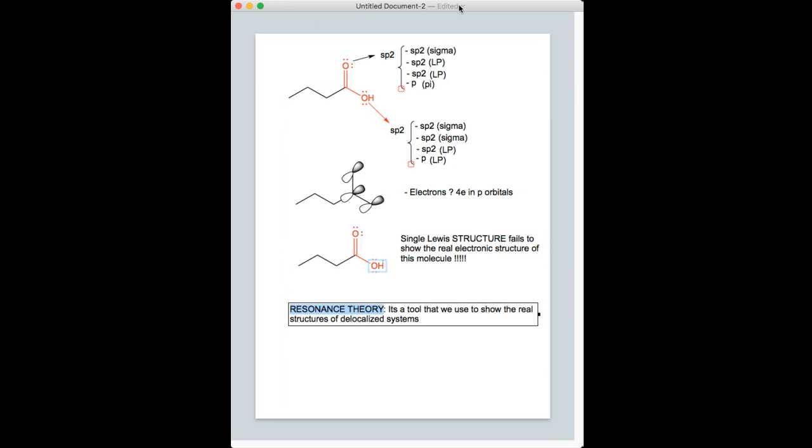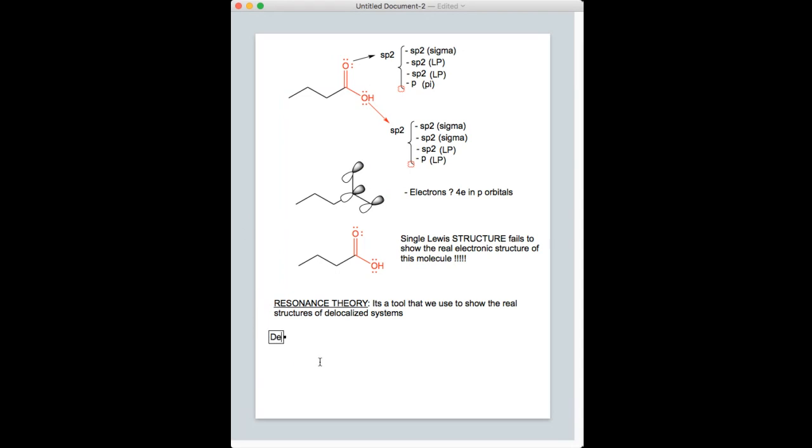The delocalized system. So what is a delocalized system? It's a system in which you have 3 or more sp2 atoms next to each other. Okay, I'm gonna write it over here.